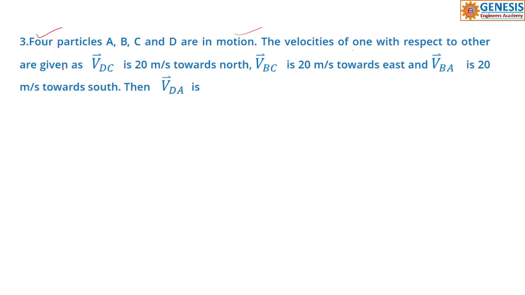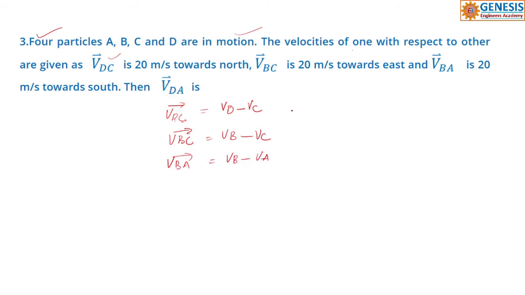VDC is a vector, and DC means D with respect to C, so you have VD minus VC. Next, VBC is equal to VB minus VC, and VBA is equal to VB minus VA.